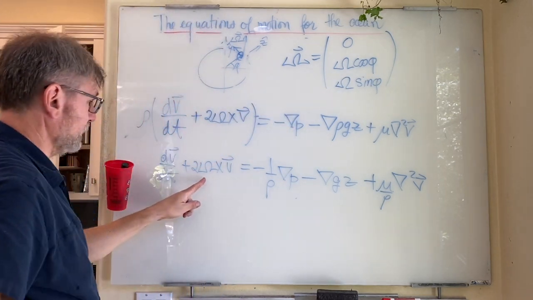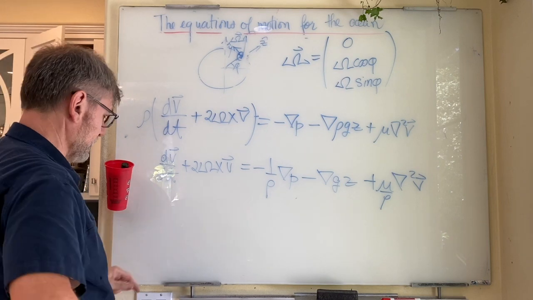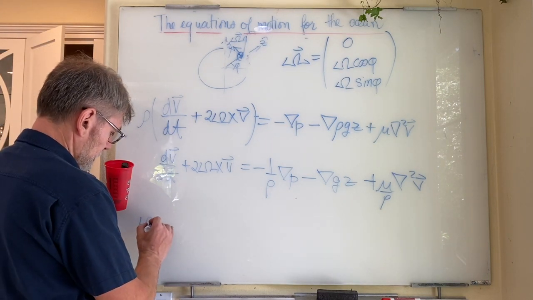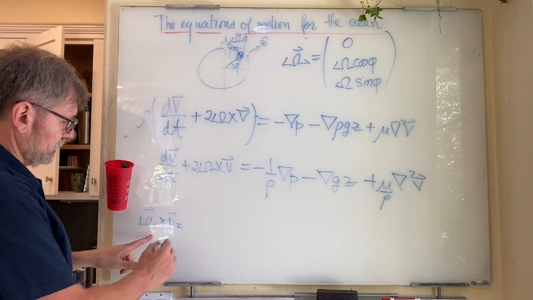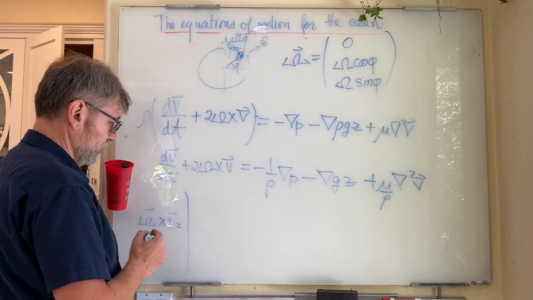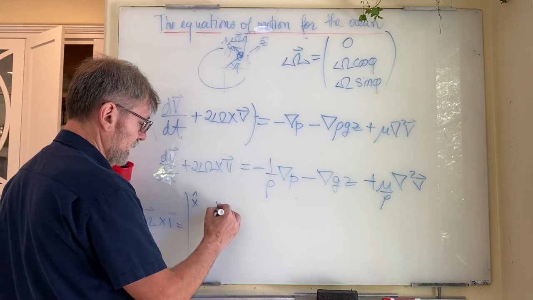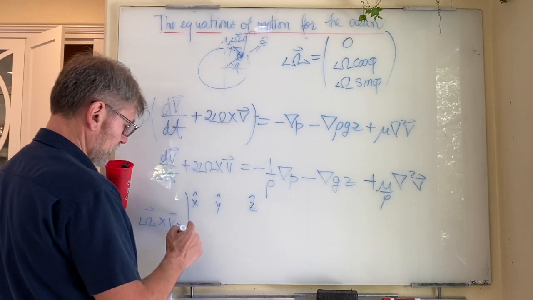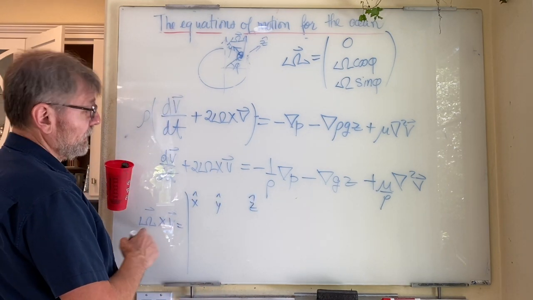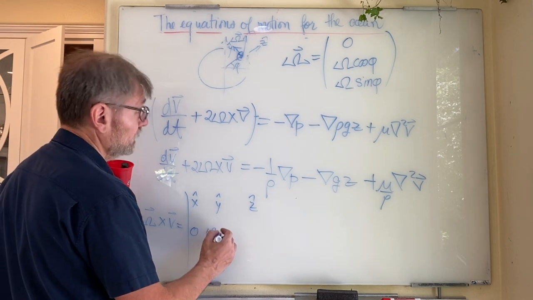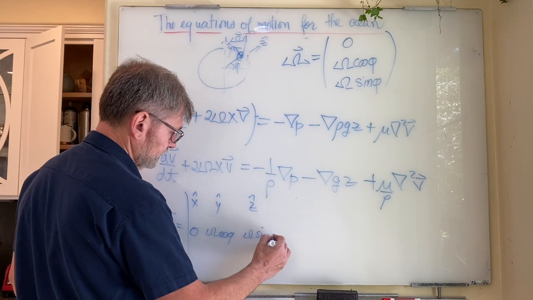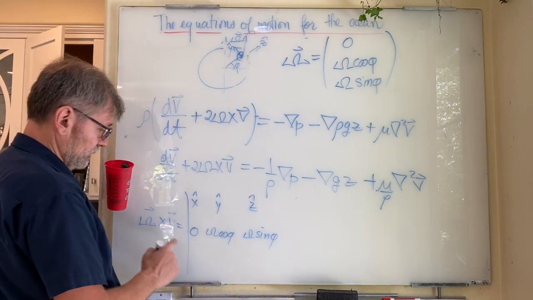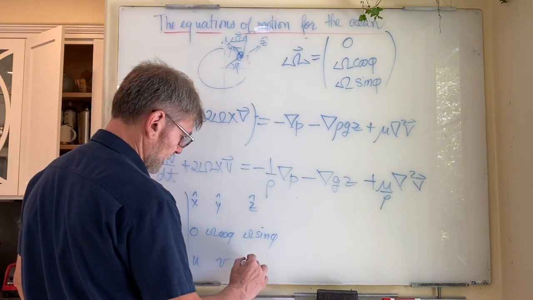So now we can calculate what this 2 omega cross v is. So omega cross v, we can compute using the determinant rule: x hat, y hat, z hat. Then we put the 3 components of omega, which is 0, omega cos phi, omega sine phi. And then we put the 3 components of v, which is u, v, and w.